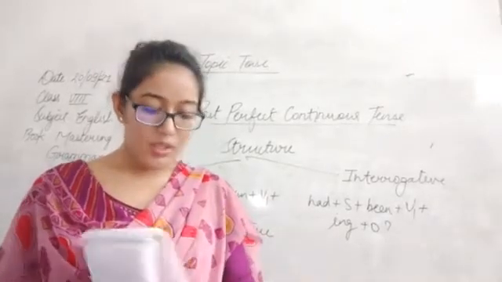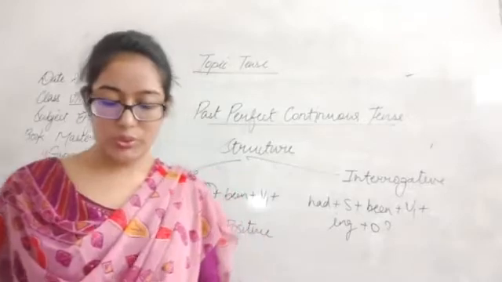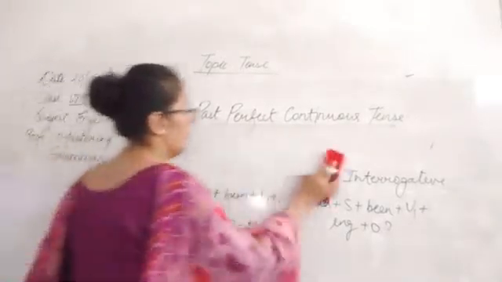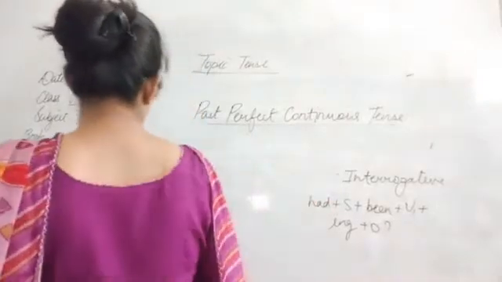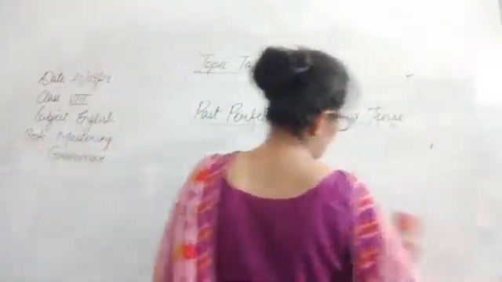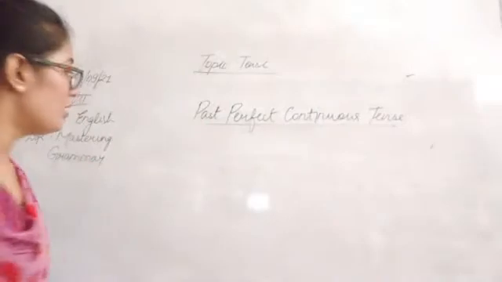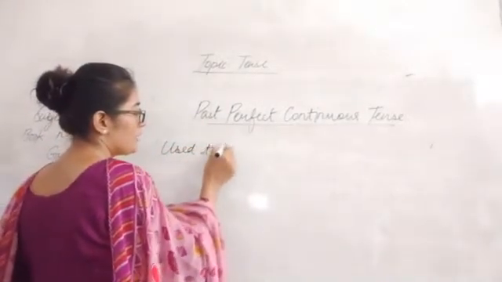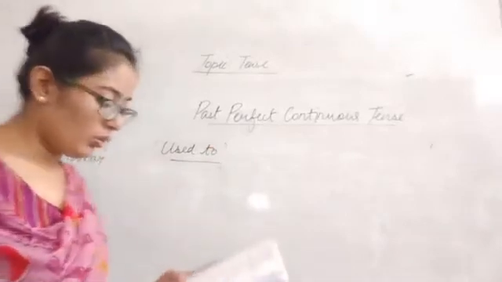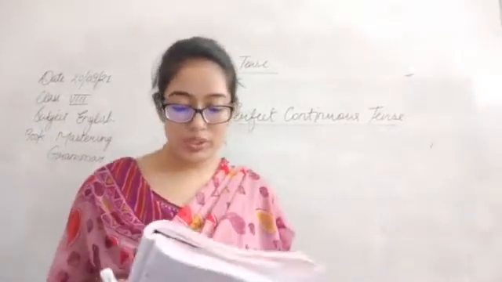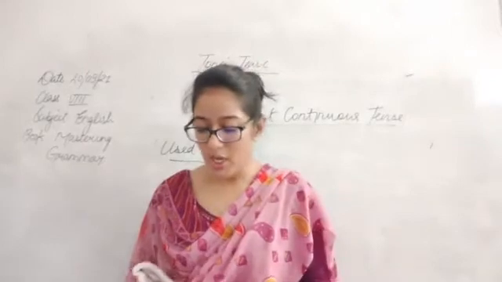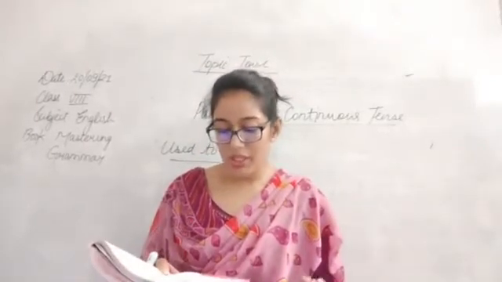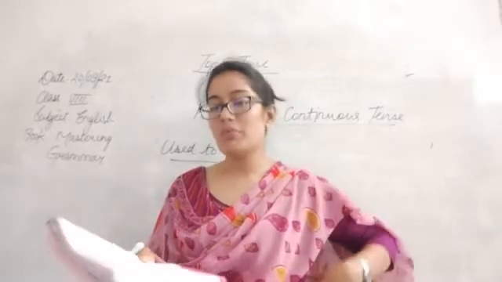Now in this, only used to is given. How is used to used in past perfect continuous tense? So what is used to? Used to is often used with the verb form in the past tense to suggest that some action happened for a particular period in the past but stopped later.